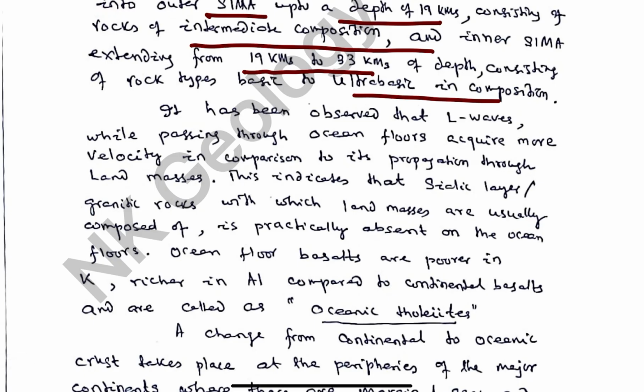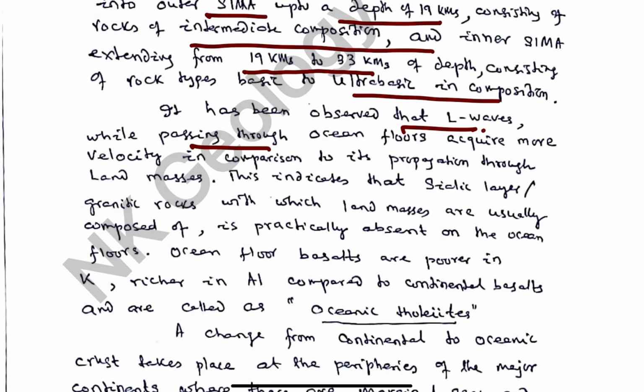The fact that the oceanic crusts are dense and devoid of continental rocks has been proved by the passage of L waves through the oceanic crust and the continental crust. L waves show a higher velocity in the oceanic crust, and lower velocity in the continental crust.